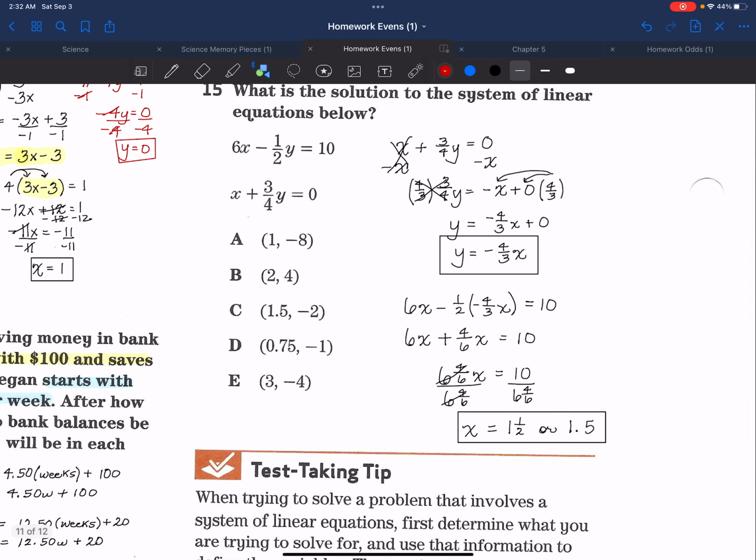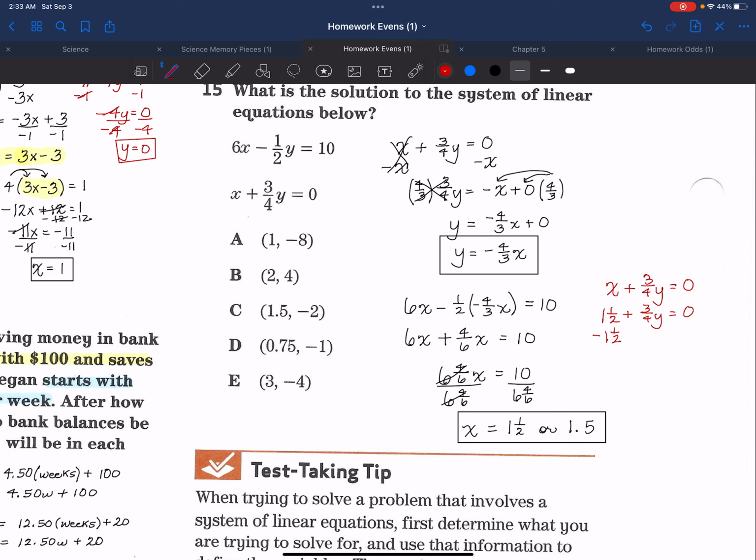I'm going to use the second one because it's a little bit easier to work with. They both have fractions in them, but fractions are just numbers. No need to get excited. And we're going to substitute the 1.5 for the x plus the 3/4 y.